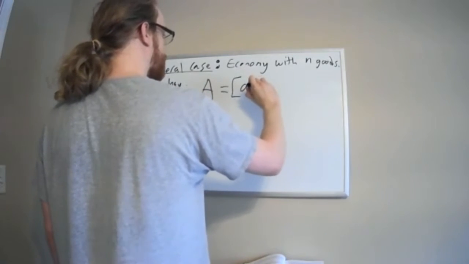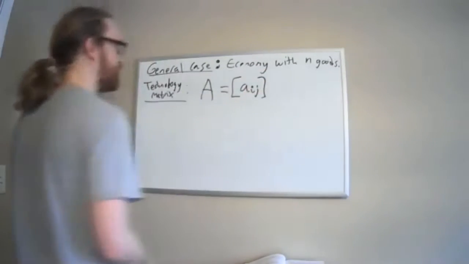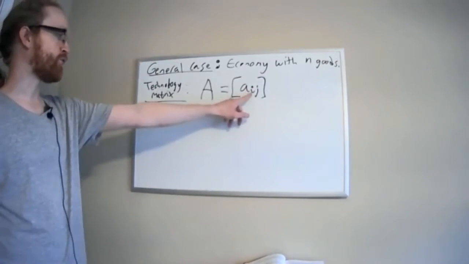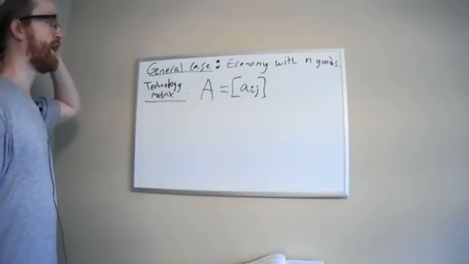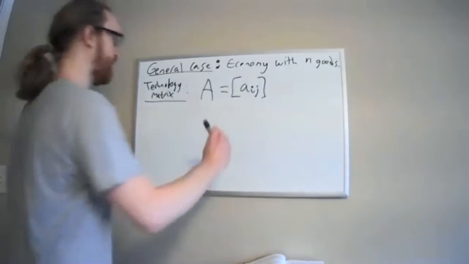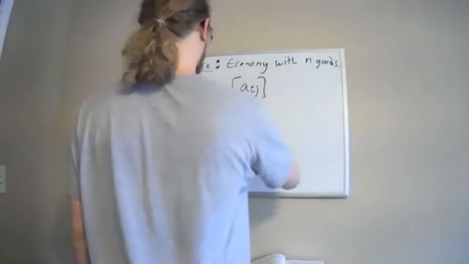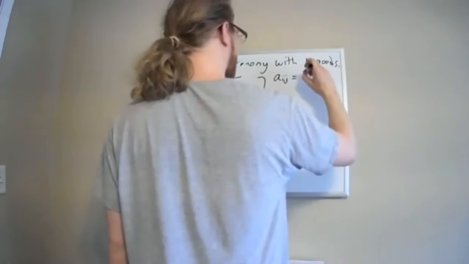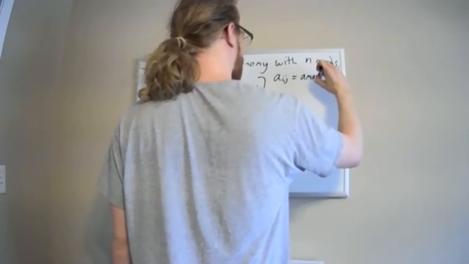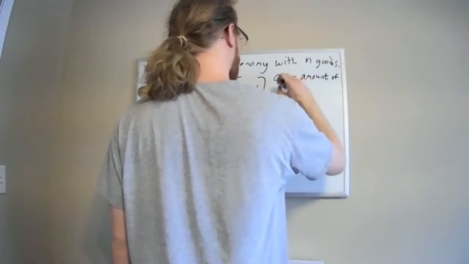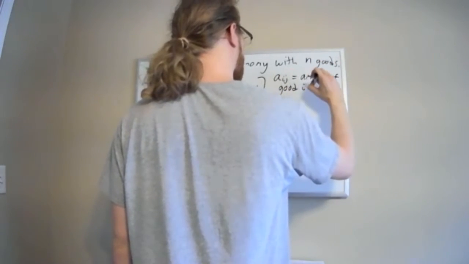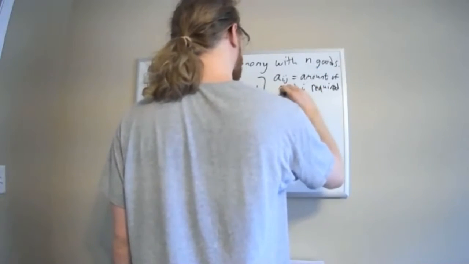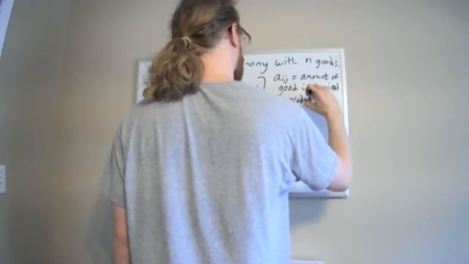Matrix notation that I used before, where I just describe what the entries are. So A_ij is just the entry in the ith row and jth column. Again, it's exactly like I said in the 2 by 2 case. A_ij equals the amount of good i required to produce 1 unit of good j.